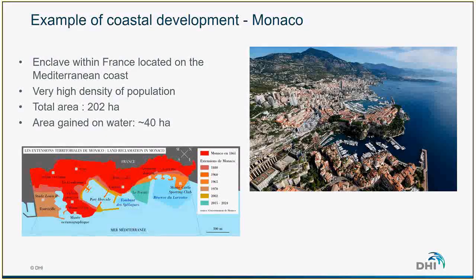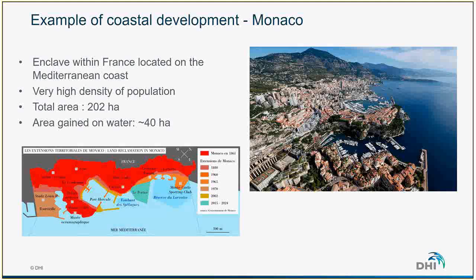It's a very popular and attractive area, so it has a very high density of population. It's actually the country with the highest density of population in the world, with about 18,000 inhabitants per square kilometer, which is very, very high, as can be seen in the picture on the right.